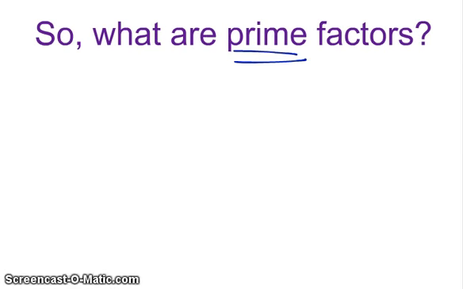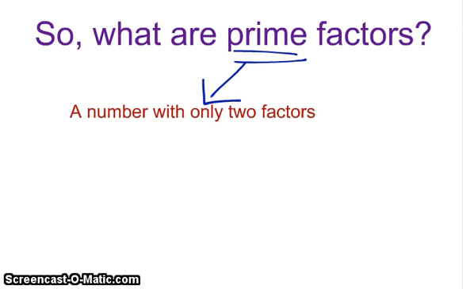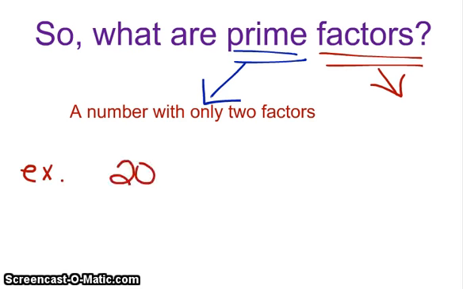Well, let's talk about what we know. We know that prime means a number with only 2 factors, and we know we're talking about factors. So we're actually talking about the numbers that go into a certain one. This will make much more sense when we see an example. Let's look at 20 again.